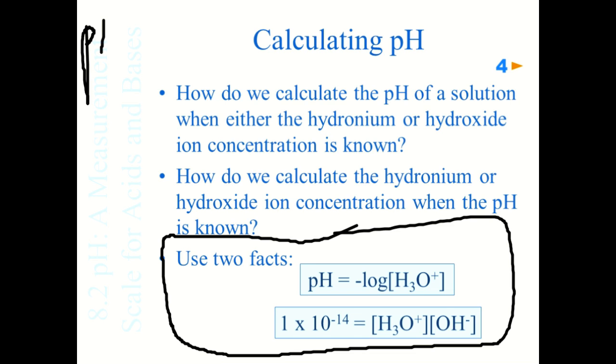pH plus pOH is always equal to 14. pH plus pOH is always equal to 14. Okay? Plus pOH. So let me show you what I mean.